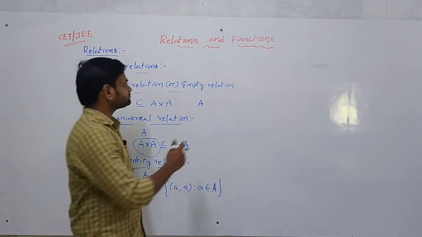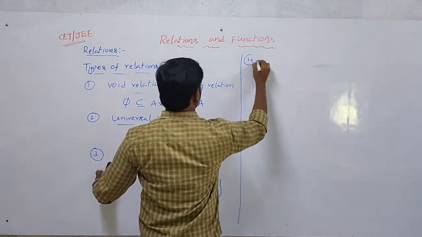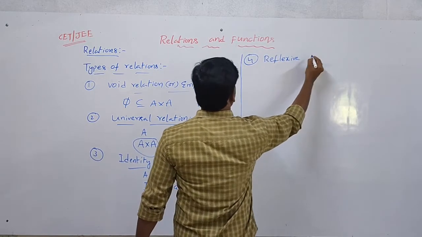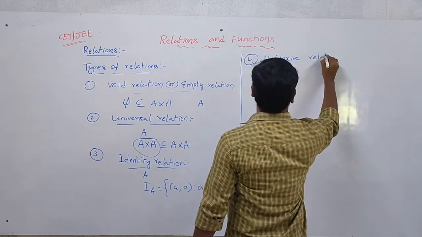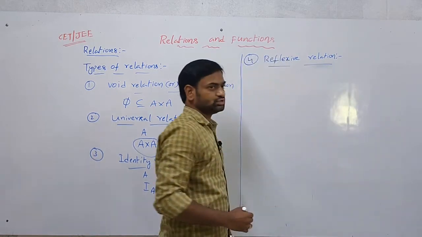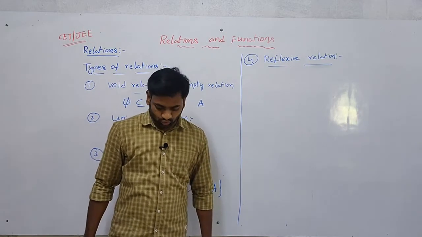This is called identity relation. Next, the fourth one, which all of you know, is reflexive relation. In secondary school we have this reflexive relation. So what is a reflexive relation?